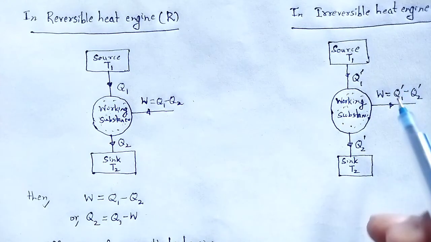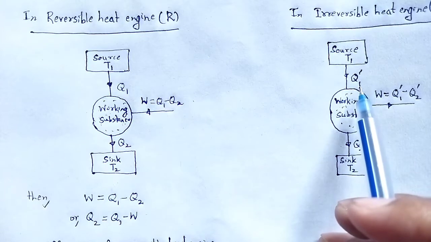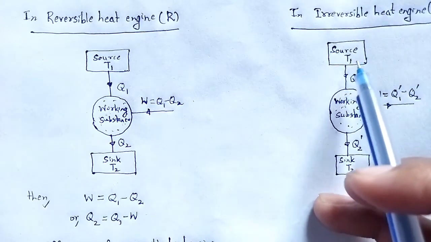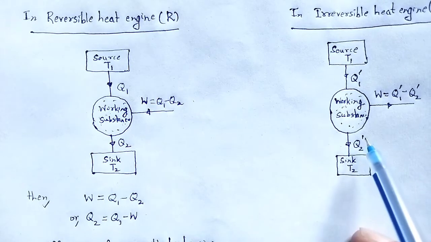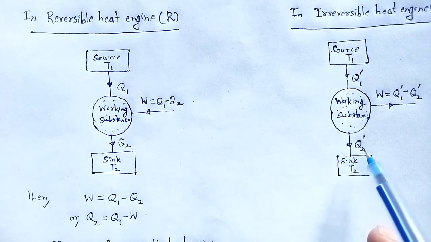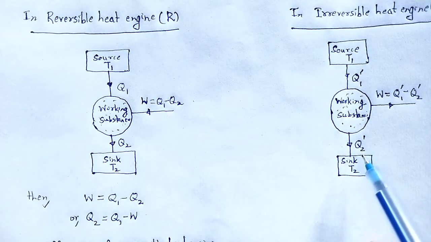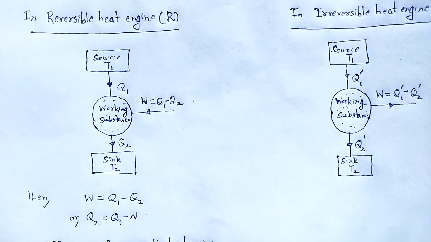Here Q1 dash is the amount of heat absorbed from the source at temperature T1, Q2 dash is the amount of heat rejected to the sink at the temperature T2, and W is the work done per cycle.